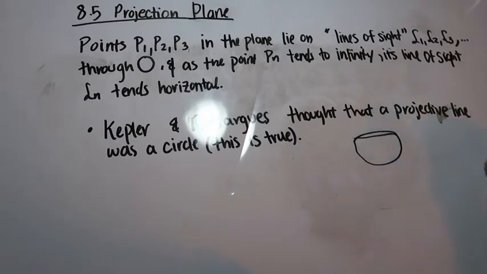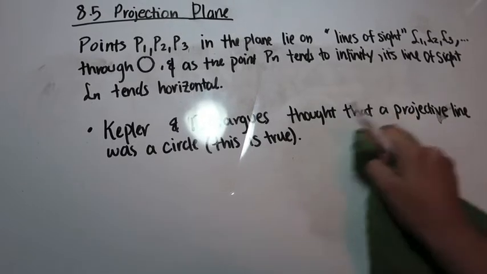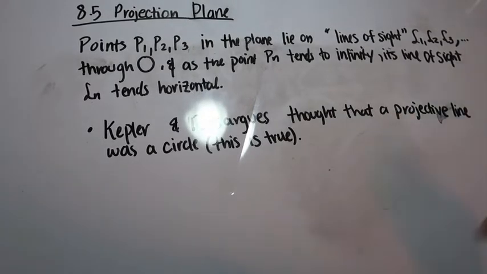Are we manipulating this line to convert to a circle? But we're not doing anything. It's literally just a projection.